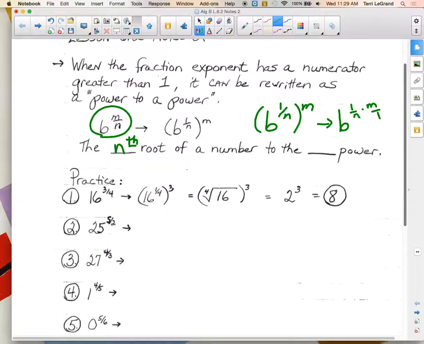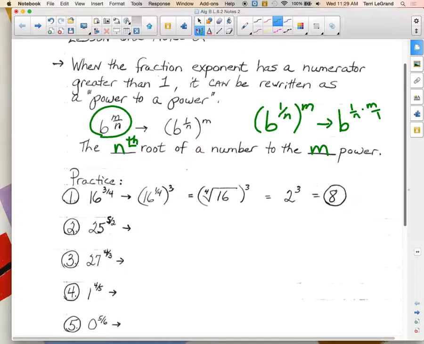So we're looking for the nth root of the base, and then we're raising that to the m power. Whatever our denominator is, we're going to look for that root, just like we did yesterday. And then once we find out what the root of that is, we're going to take that to that power that's outside of it.